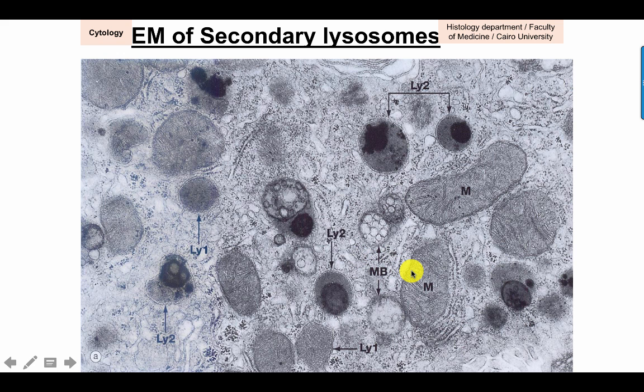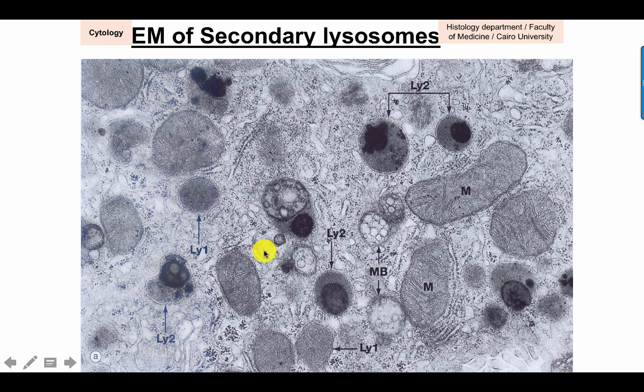Here is the picture for the different types of secondary lysosomes. Of course, you can diagnose these as mitochondria because of the double membrane and the cristae. This is also a mitochondrion. And then you will diagnose the following. This is the primary lysosome of homogeneous, moderate electron dense appearance.